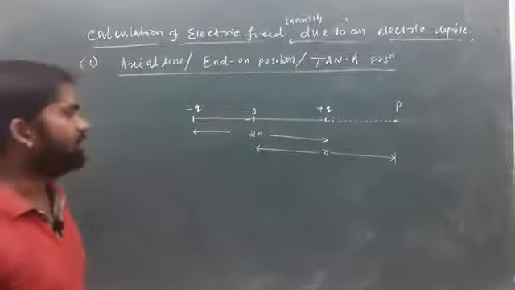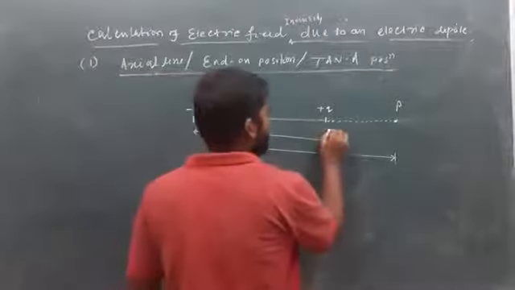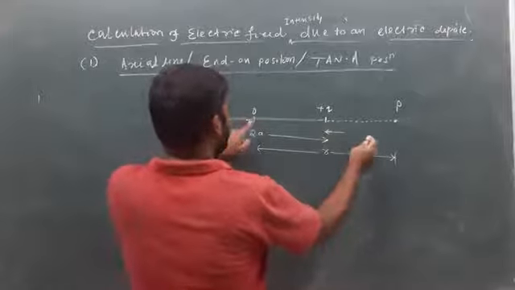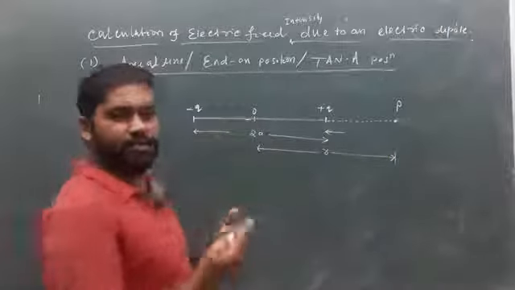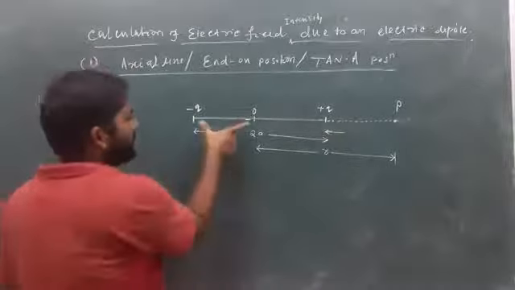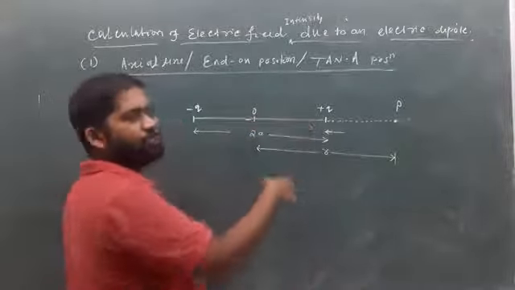Understand? If OP is r, and O is the center of the dipole, then this distance is a and this distance is also a.